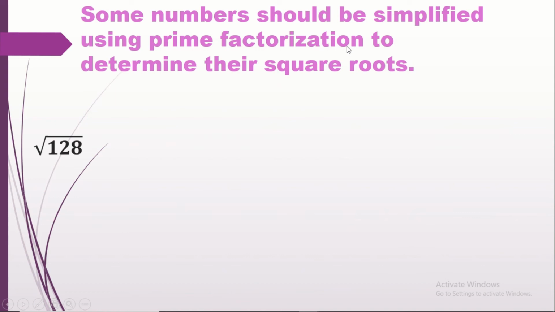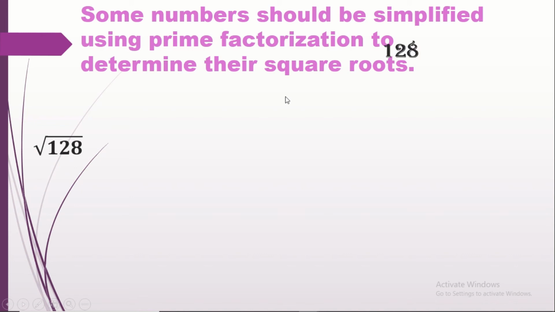Now some numbers should be simplified using prime factorization in order to determine their square roots. We have learned square roots of even powers and odd powers. What about square roots of numbers whose powers we don't know? 128. If we want to write it as a power or a product of powers, how do we write it?